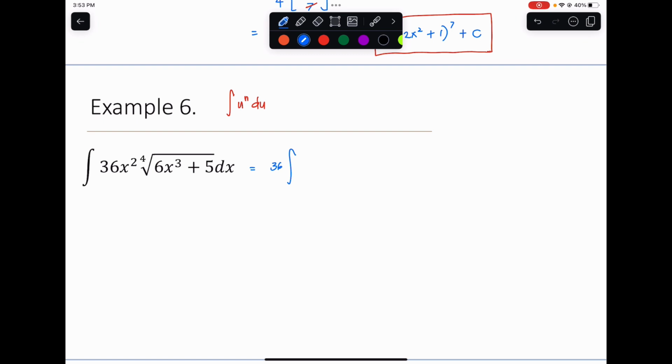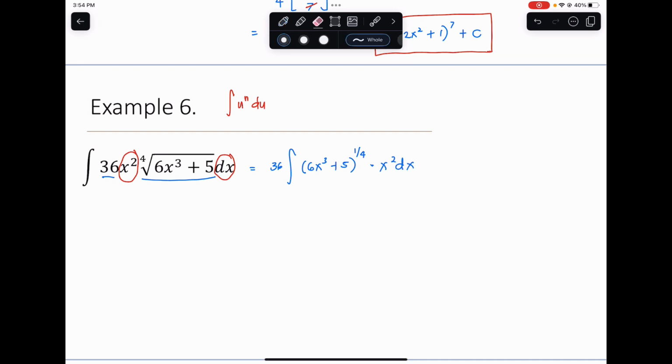That means this is our u: 6x cubed plus 5, raised to 1/4, since it's the fourth root. What remains are x squared and dx.